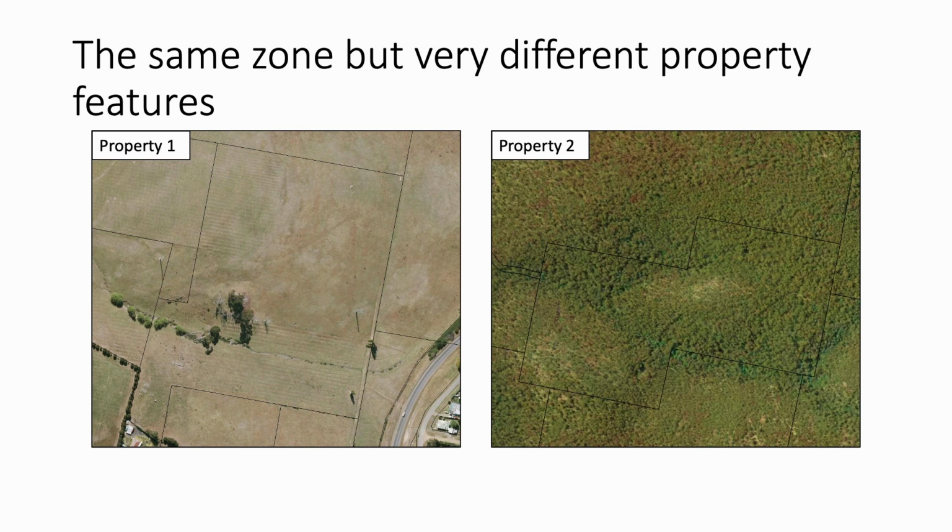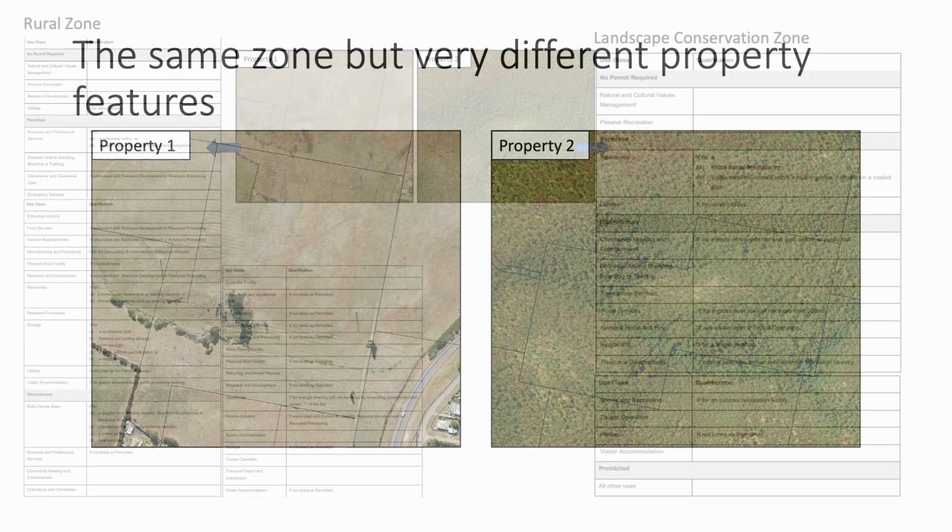Now, as you can imagine, landscape conservation zone is all about respecting the landscape values of the property whilst still allowing some development, whereas the rural zoned block will still allow for rural uses and development given it already is used for rural purposes.